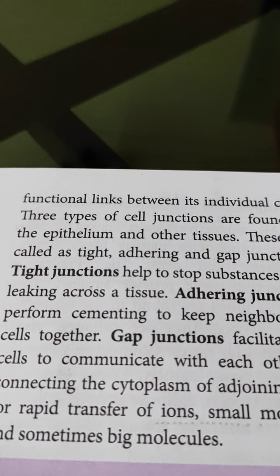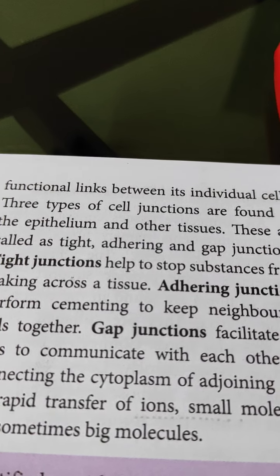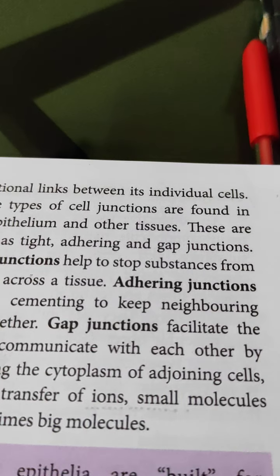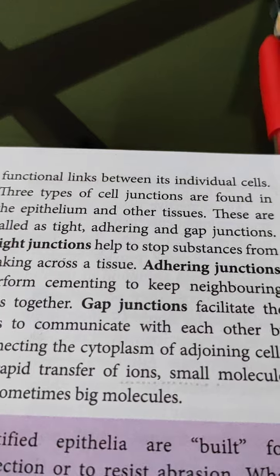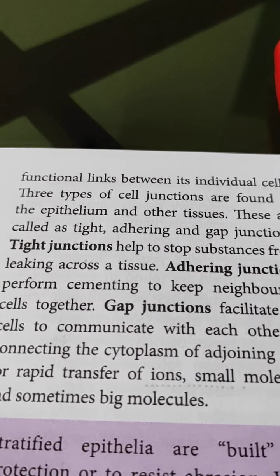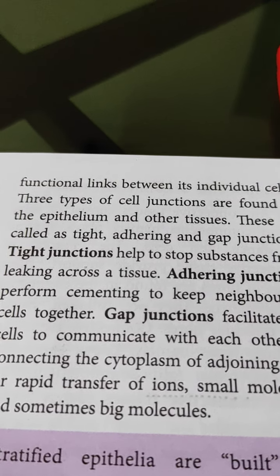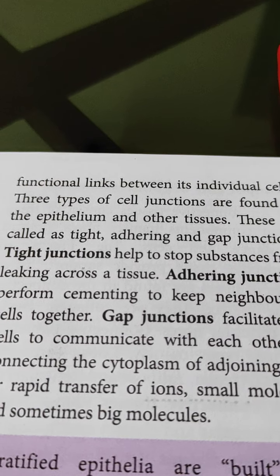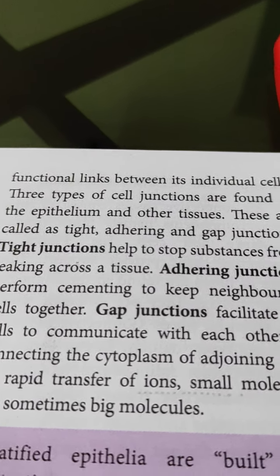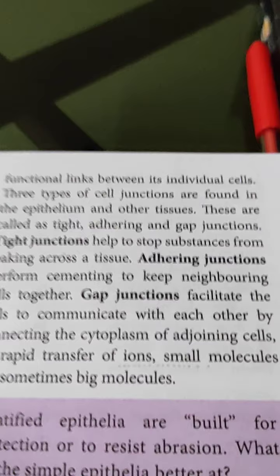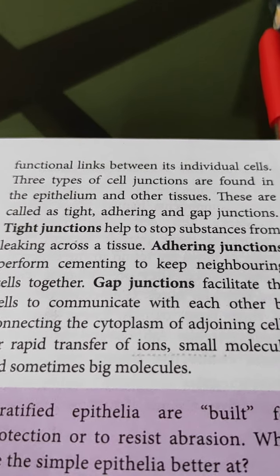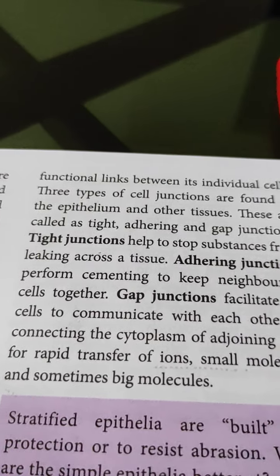Tight junctions: the cells are very tightly fixed to each other, helping to stop substances from leaking across the tissue. From one cell to another cell, the transport of substances will not take place. This type of junction is called the tight junction. Adhering junctions perform cementing to keep neighboring cells together.